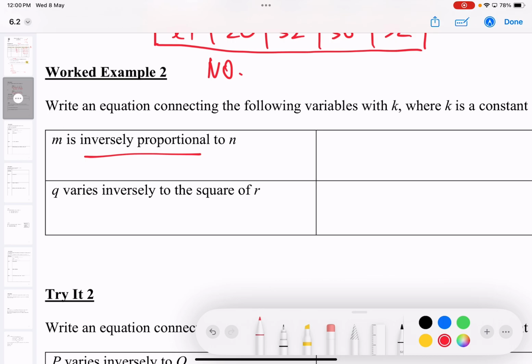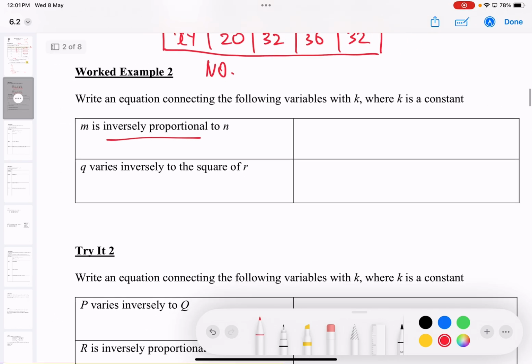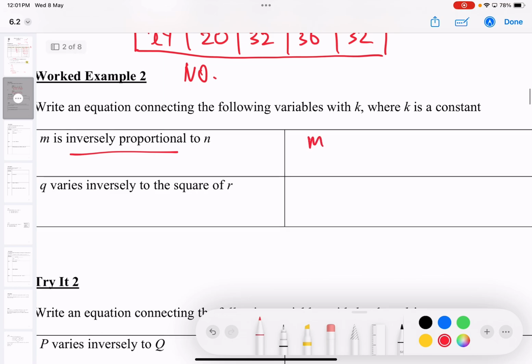So how are we going to do it? Like I said, it is very similar to direct proportion. The only difference is you will have m equals k, but now it is not k times n anymore. It's k divided by n.